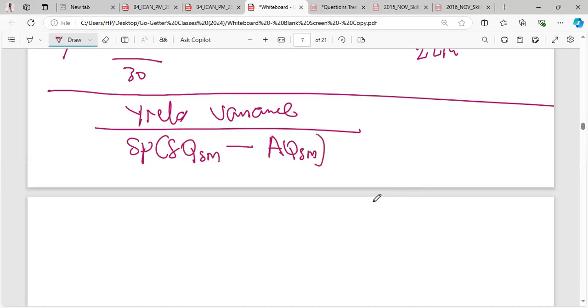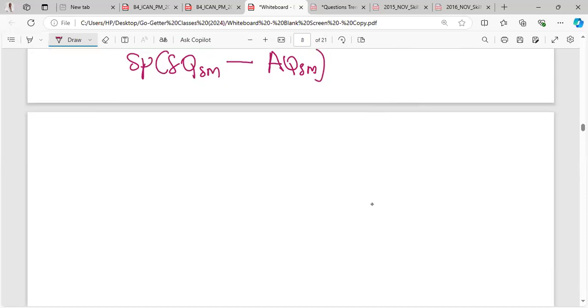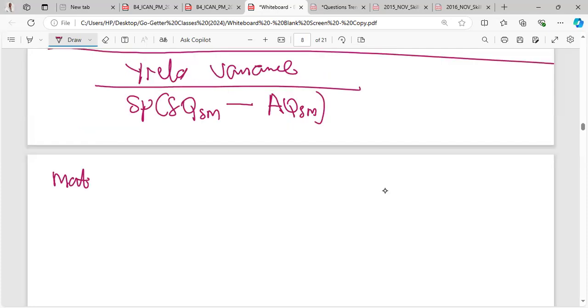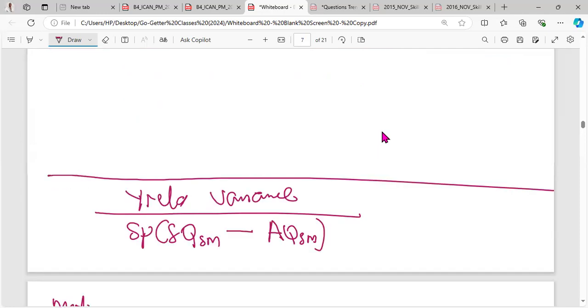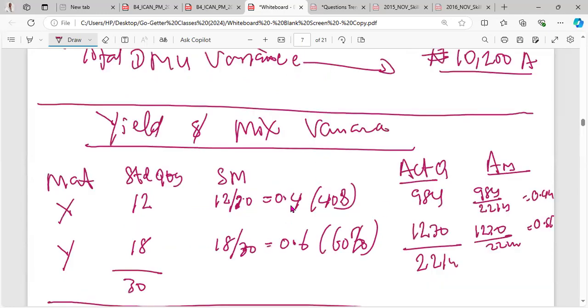So that's what we are going to do now. We'll start with material. We'll now say standard quantity. What is the standard quantity we had here?